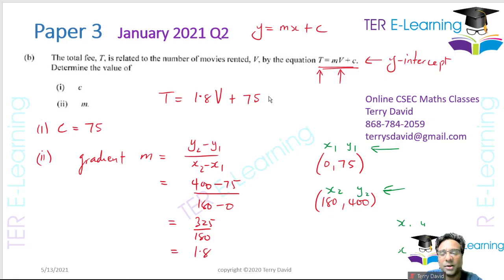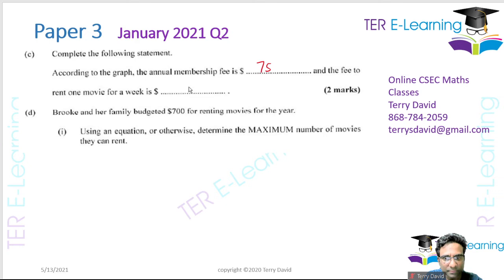So the $75 is the fixed rate no matter what. And 1.8 is the cost that I'm going to pay per movie. So therefore, this is going to be $1.80. So that's what it costs to rent one movie. It's $1.80.